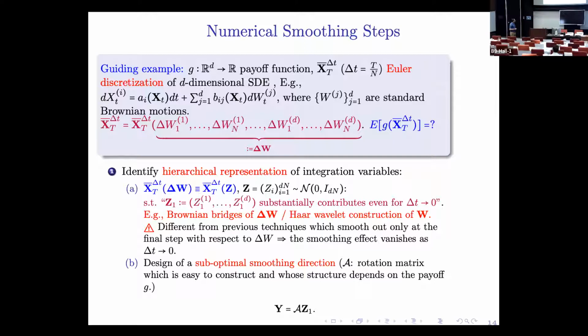And if you use a hierarchical construction of your Brownian motion, for instance by using the Brownian bridge or the Haar wavelet construction, then the coarser random variables used at the coarser levels will contribute substantially, even if delta t goes to 0, and they contribute more than the other random variables in terms of the variance. So they have more information than the other random variables.